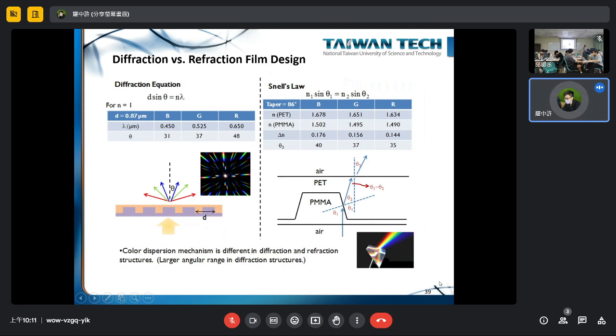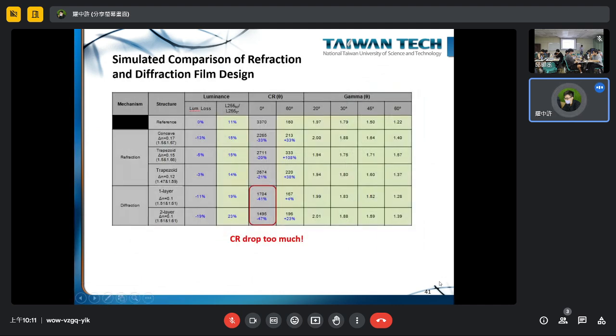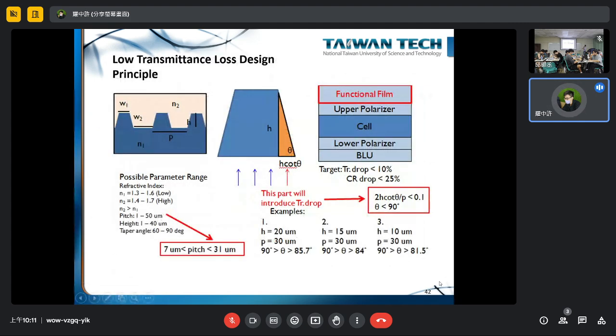When the light encounters the sidewall, due to Snell's law, the direction will be changed, right? So the point here is we try to change the path for the light going in this direction to a large angle direction.